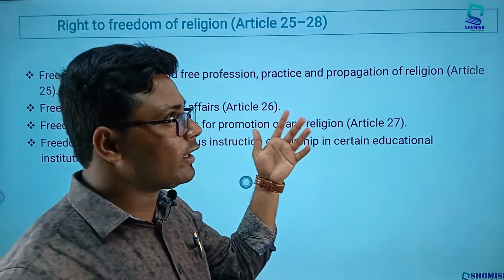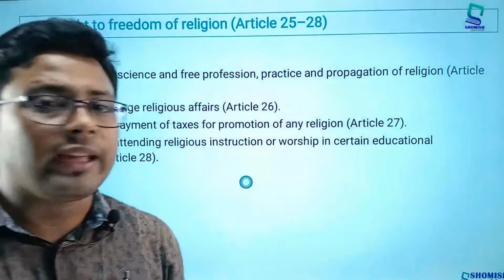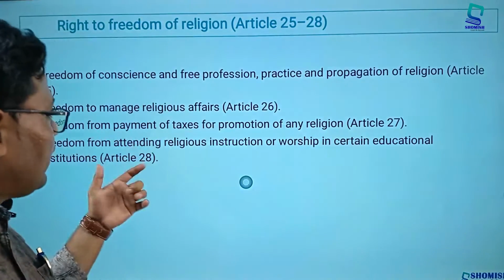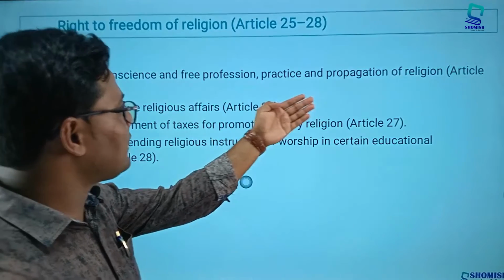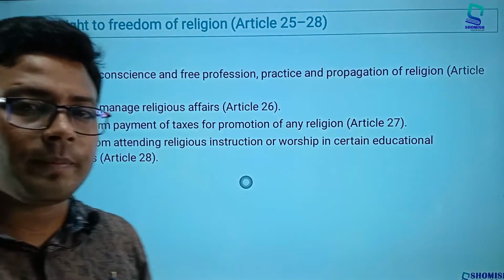And it covers 4 articles, Article 25 to 28. Article 25 said, freedom of conscience and free profession, practice and propagation of religion.